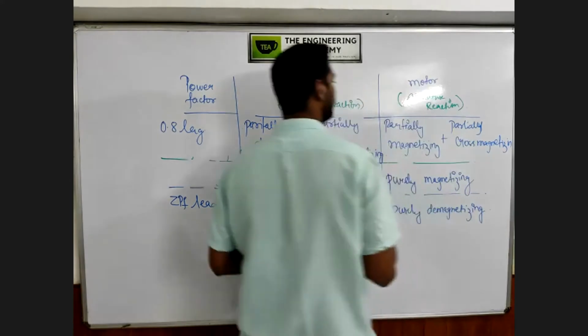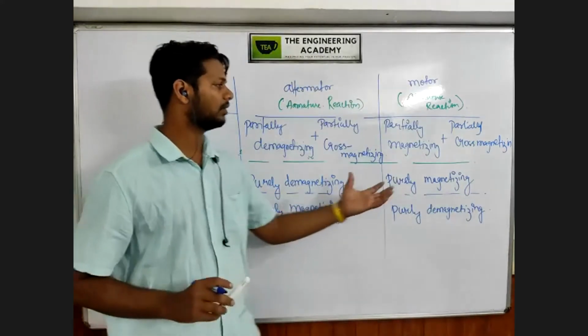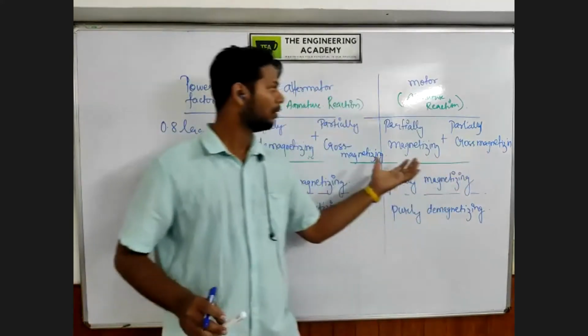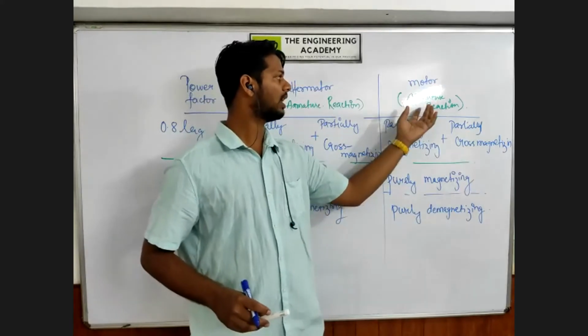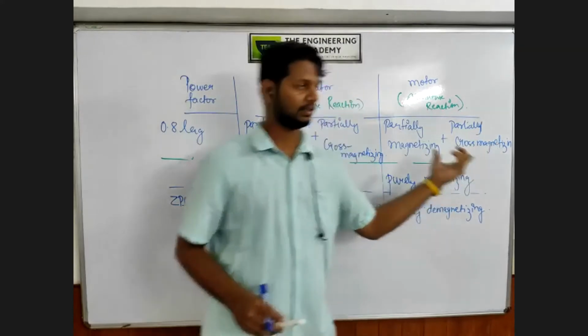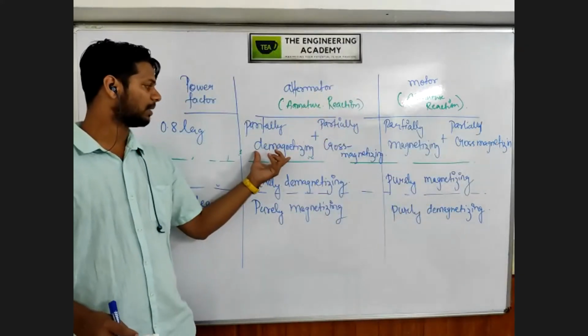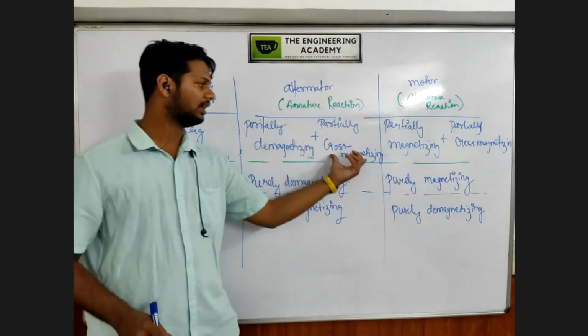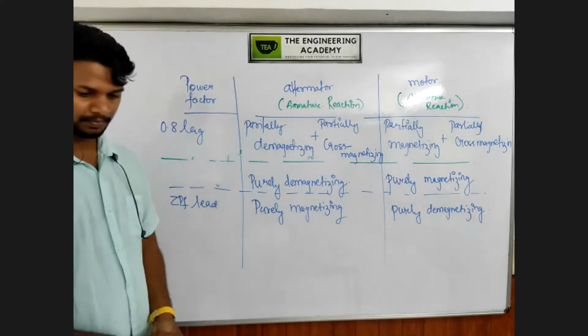If you're not getting what is written on the board, I will dictate: for the motor, the armature reaction is partially magnetizing plus partially cross magnetizing, while for the alternator it is partially demagnetizing and partially cross magnetizing.